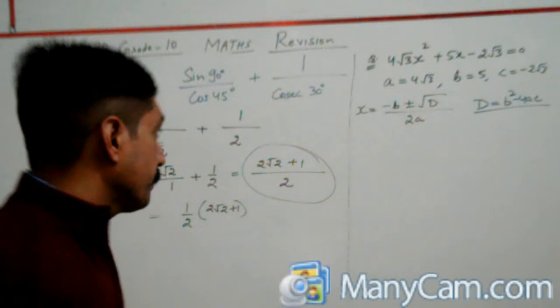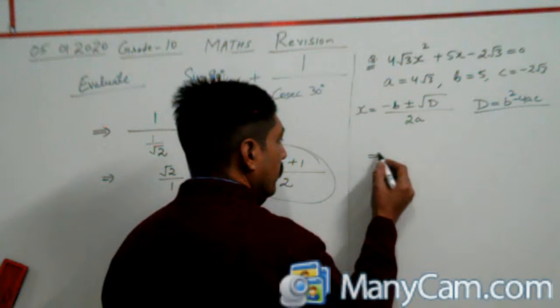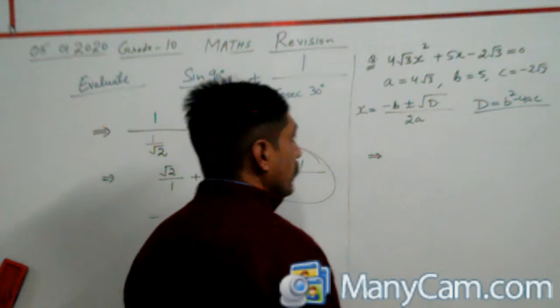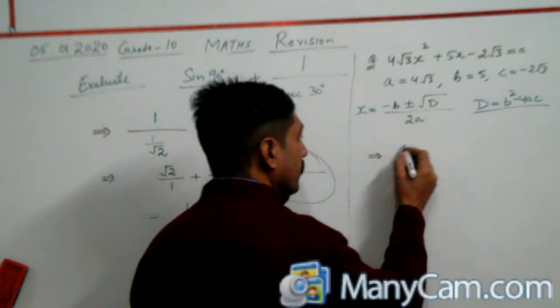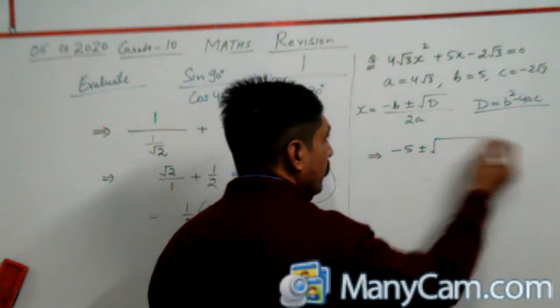Here minus b, that is minus 5 plus minus under root b square.